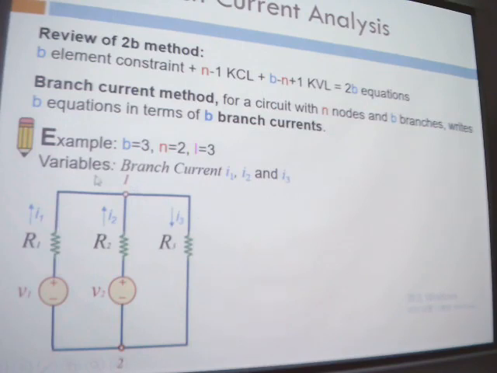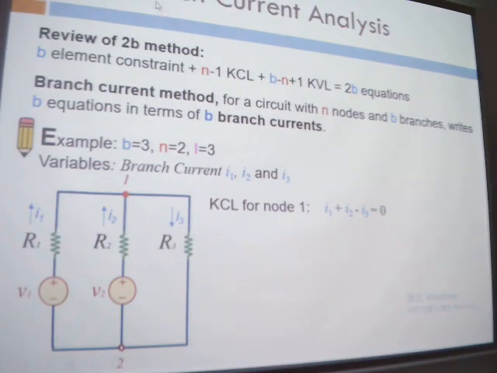So now our variables are chosen as the branch currents I1, I2, and I3. I already told you, for this method, the variables in our equations are branch currents. So now we write the KCL equations.